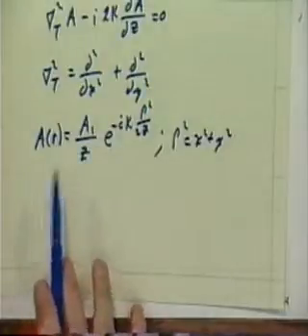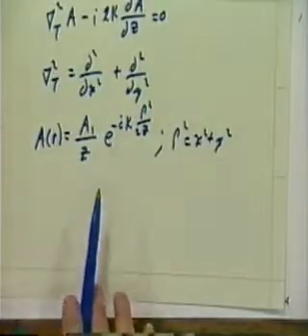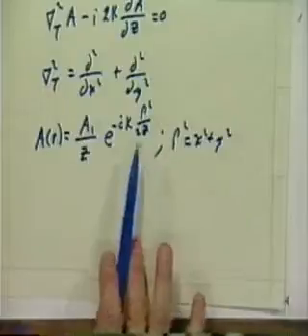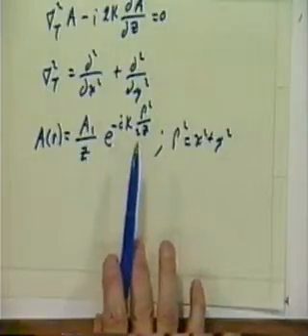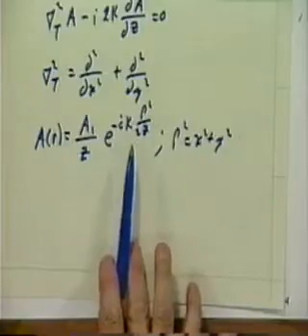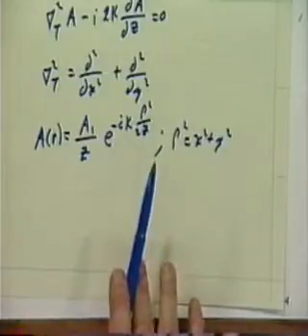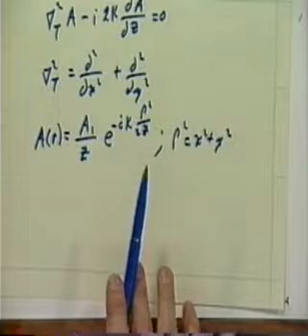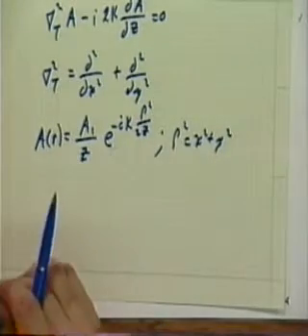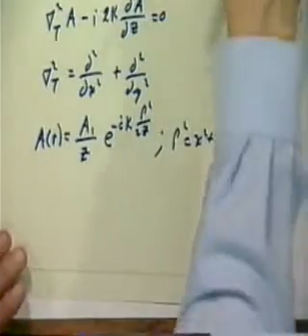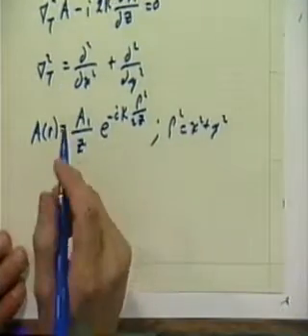So this would be one possible solution, and we've seen this before. This is just a parabolic wavefront. So it's the paraxial approximation of a spherical wave. And so that's a solution. But what we want to do for the solution for Gaussian beams is the following.